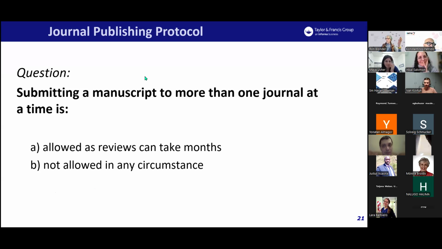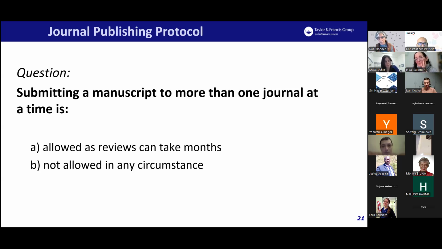So is it okay to submit the manuscript to more than one journal at the same time? A, yes, because it takes a lot of time and I really need the publication. B, it's not allowed in any circumstances. So write your answers.